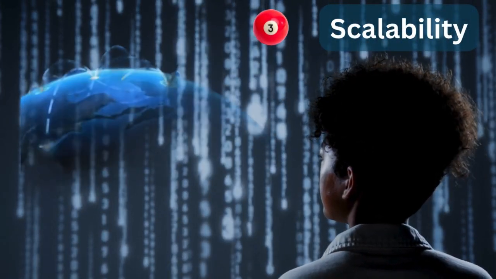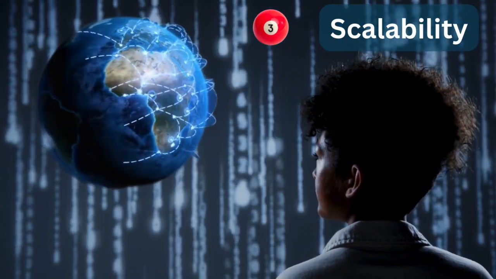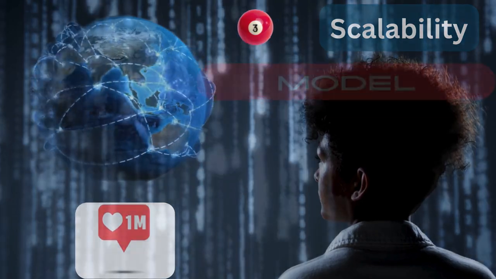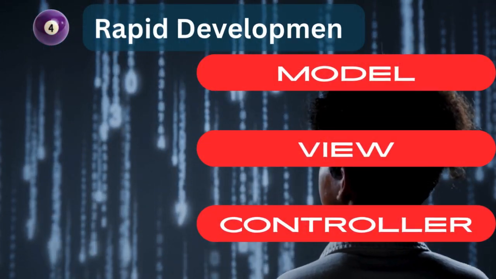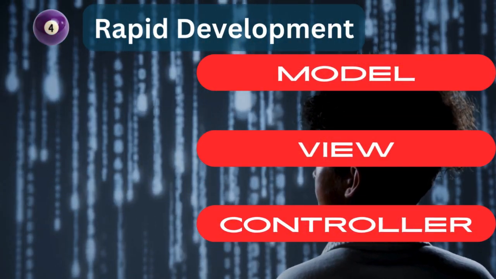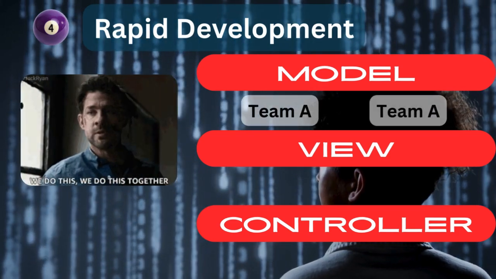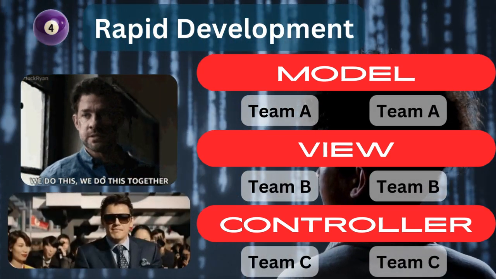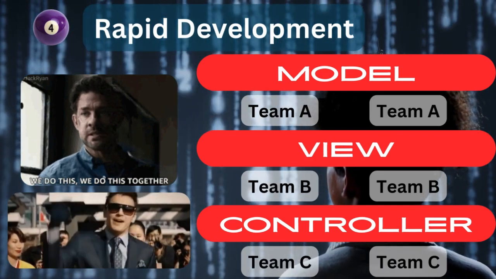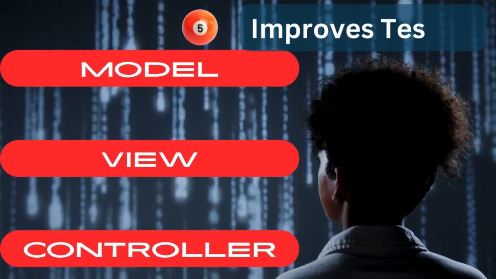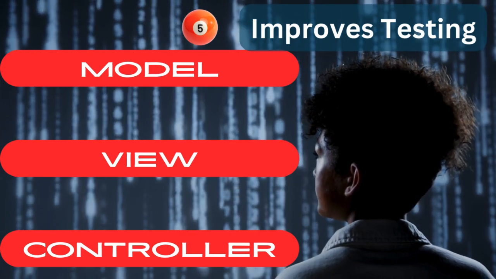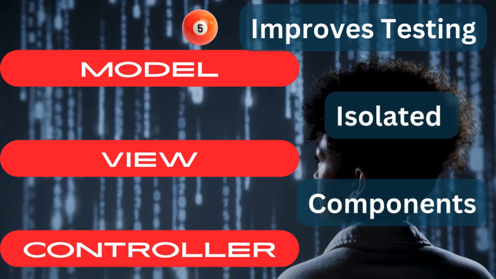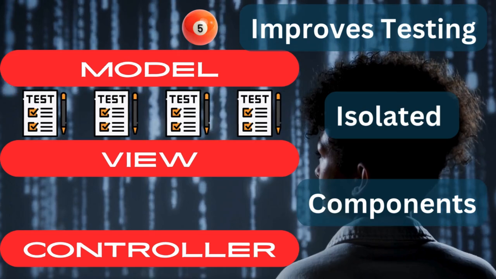With MVC, you can handle increasingly complex situations and grow your user base. Number four, faster development, because different teams get to work on different model, view, and controller components simultaneously. And number five, it improves testability. Unit testing becomes a breeze because components are isolated. You can easily test them.